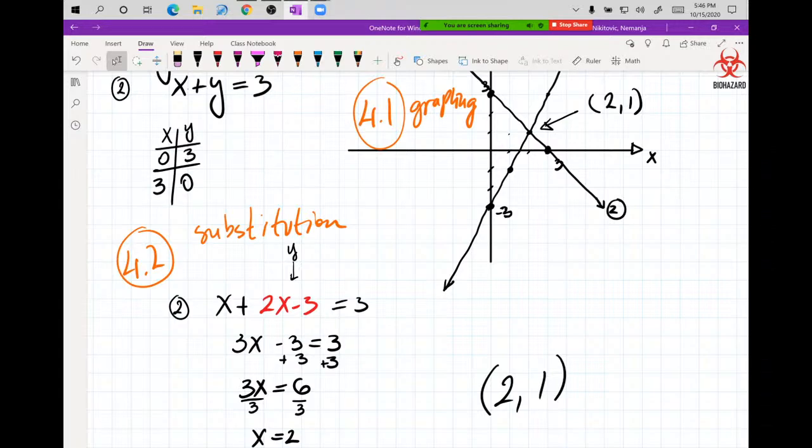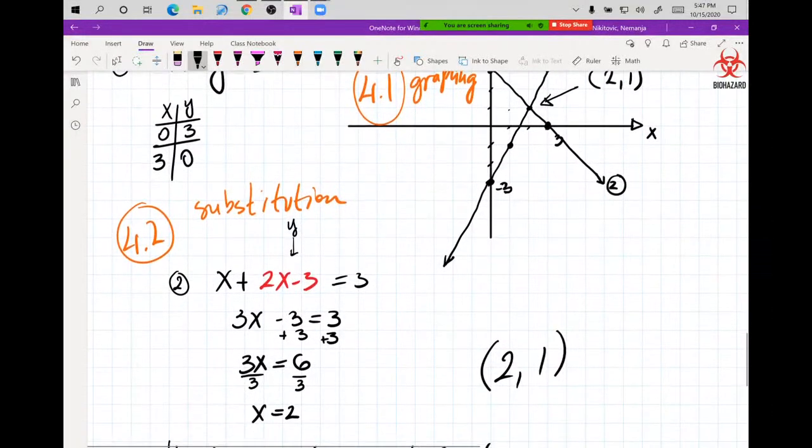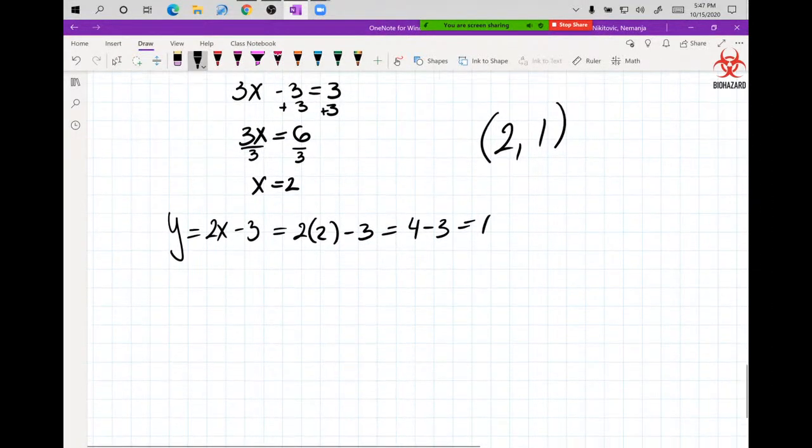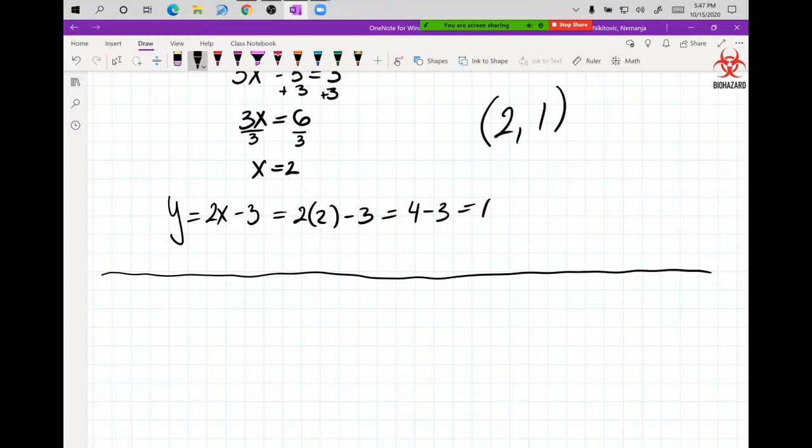So this is what we did last time. We talked about graphing method to solve the equation, and we talked about this substitution method. So now that we know these two methods, we would like to figure out what we are going to do with these problems to apply them to the situations that we can find ourselves in.